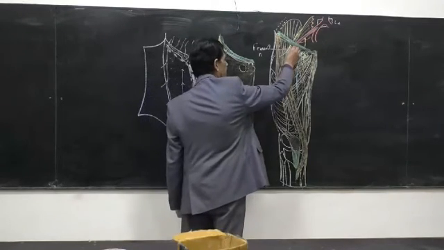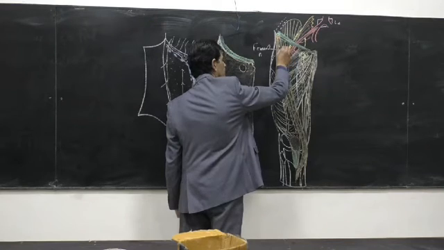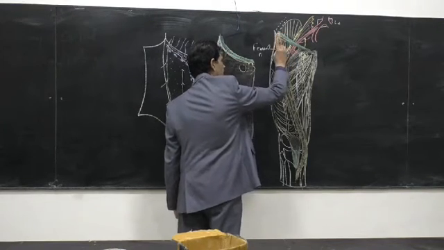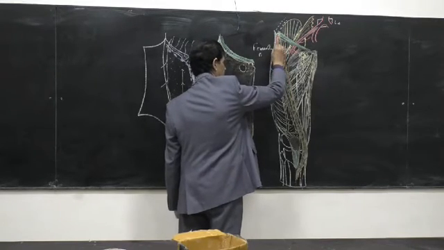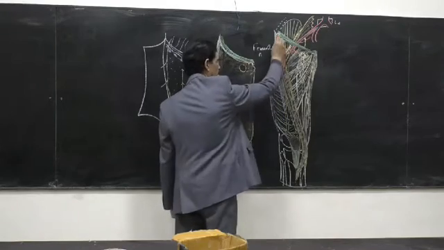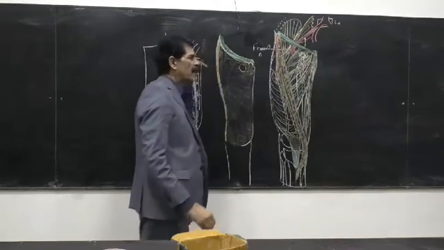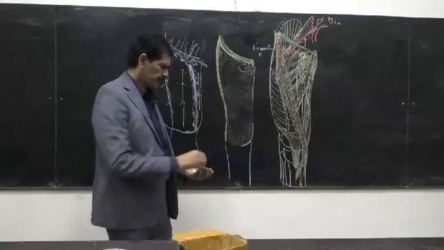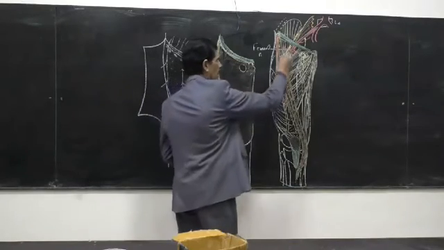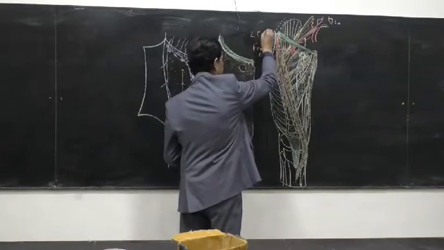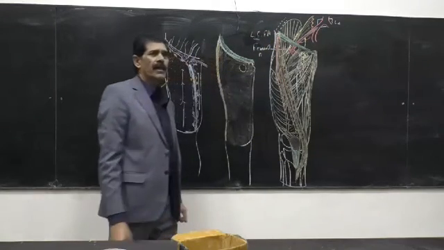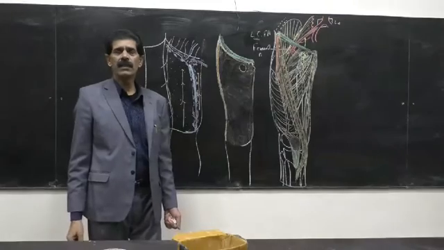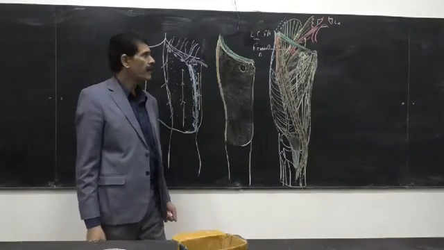The lateral circumflex femoral artery divides into three branches: ascending, descending, and transverse. The ascending branch of this lateral circumflex femoral artery runs toward the anterior superior iliac spine, and it supplies various muscles coming in its way.